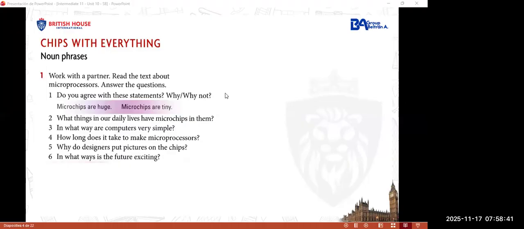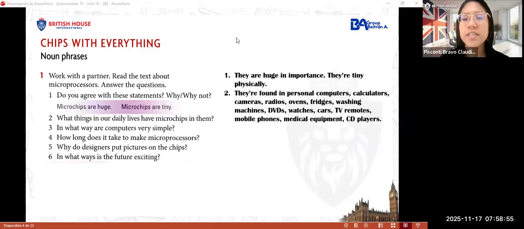Cameras, TV, mobile phone, fridge, a washing machine, and cars. Yes, very well. Almost every gadget or every technological item we have usually has chips. Thanks, Valeria.